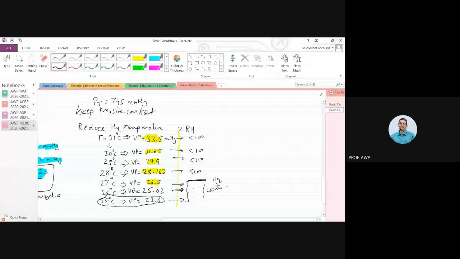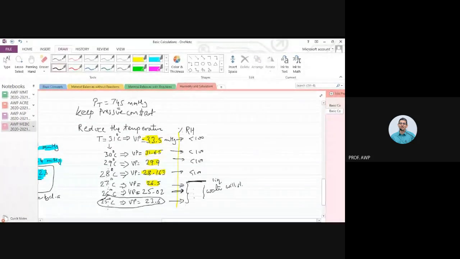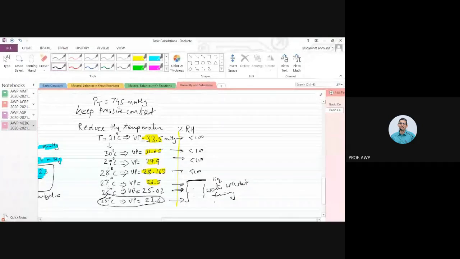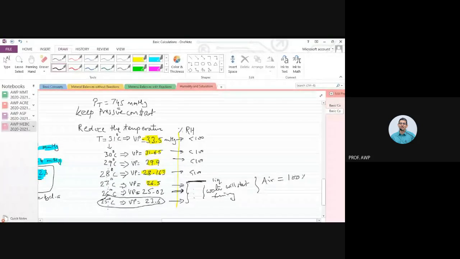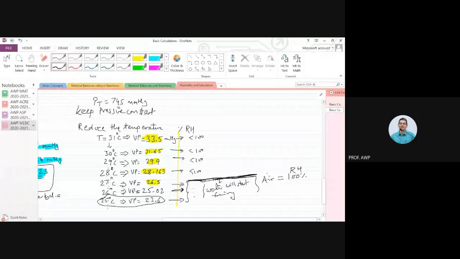Liquid water will start forming, right? More and more liquid water will form, more and more of the water vapor will condense into the liquid form, but the air will now become 100% saturated, or have 100% RH, beyond the temperature at which the first drop of water appears.